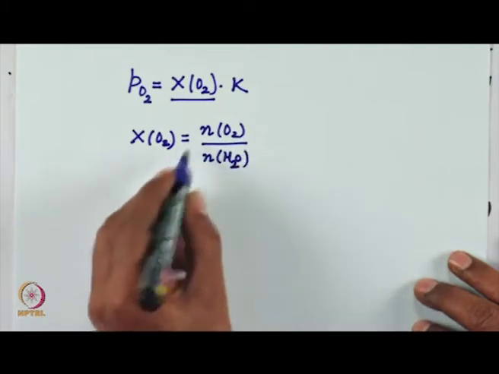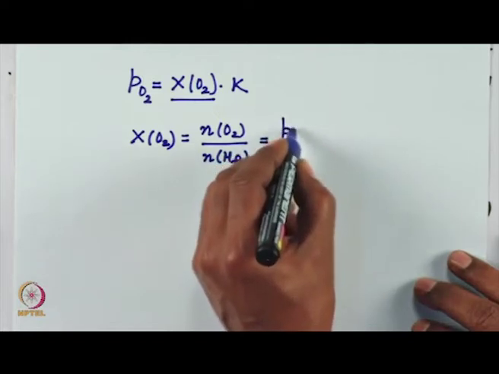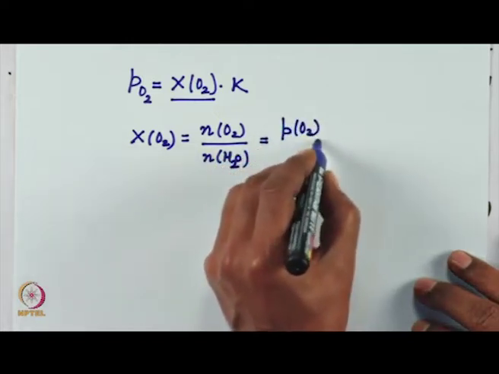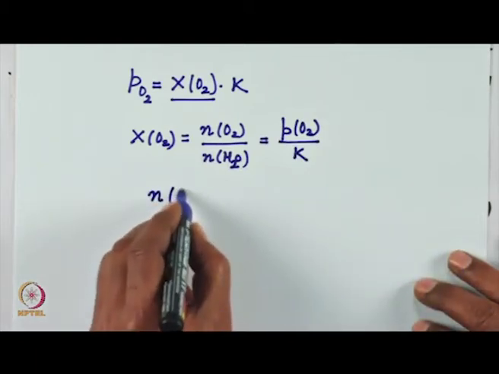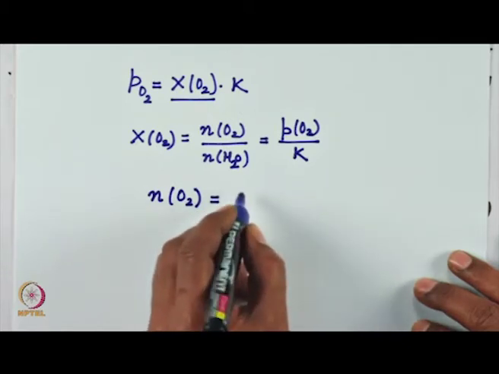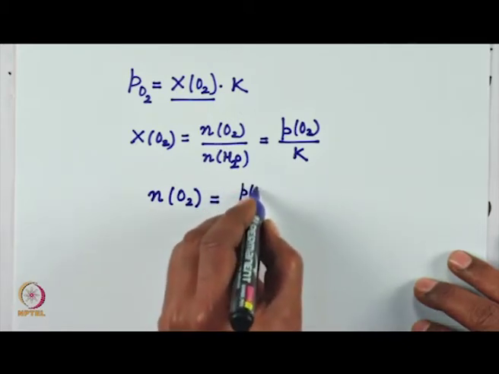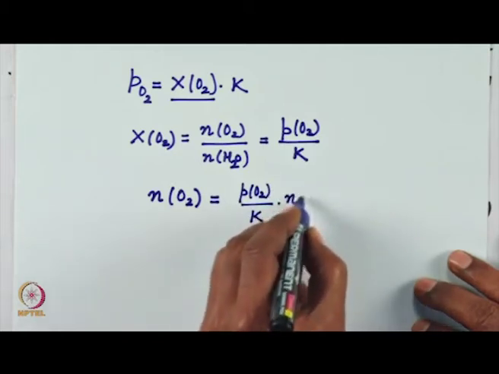This is equal to P of oxygen divided by K. Therefore, the number of moles of oxygen will be equal to P of oxygen by K into the number of moles of water.